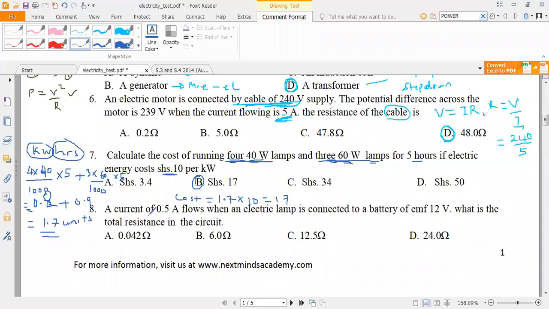Okay, number 8, we have a current of 0.5 amperes flowing through an electric lamp, which is connected to a battery of EMF 12 volts. What is the total resistance in the circuit?